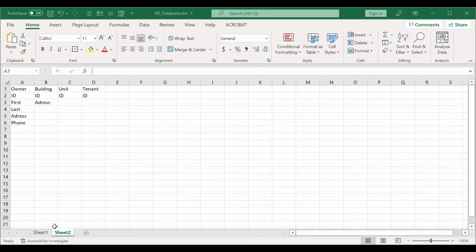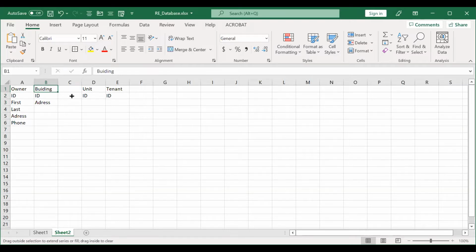What else? Multiple units. So all of these tables will have another type of tables called type. Therefore, I'm going to insert another column here and call another table building type.